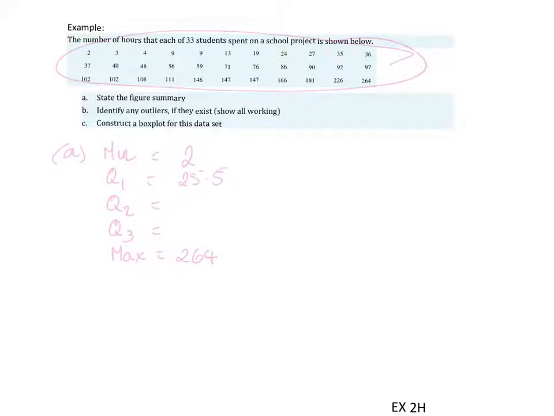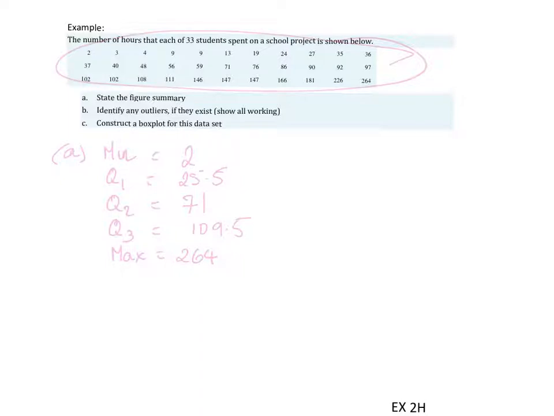Q2, which is the median, being 71 hours, and Q3 is equal to 109.5. You can see that there's a very big spread of hours there. So one student spent 2 hours, another student spent 264 hours. So you can see the range is 262.